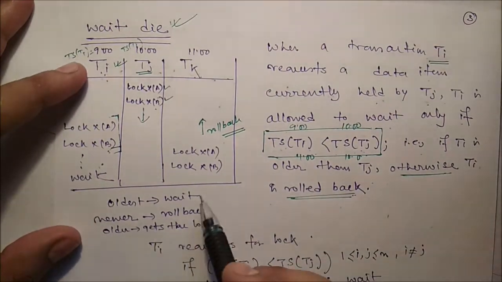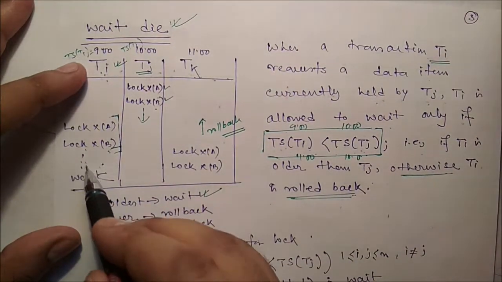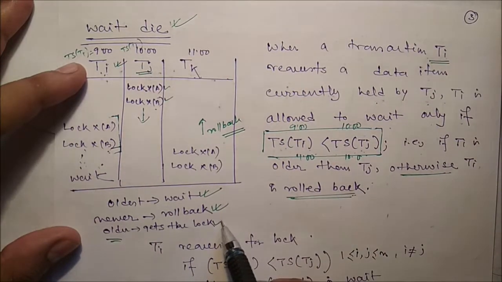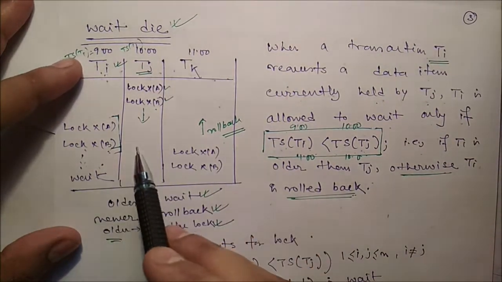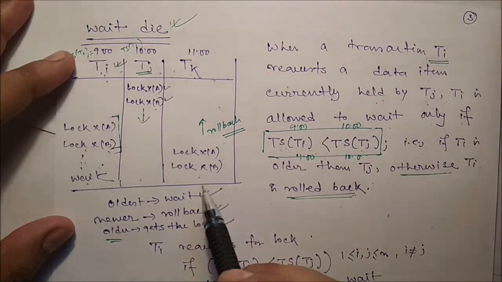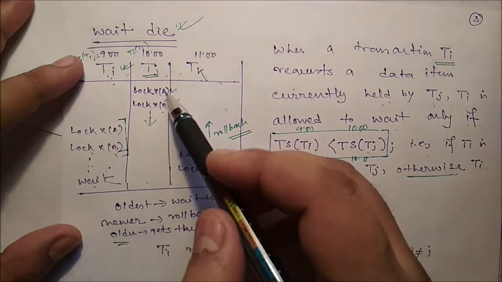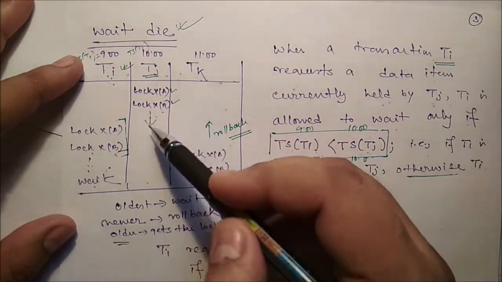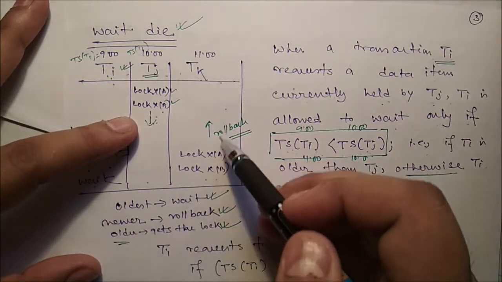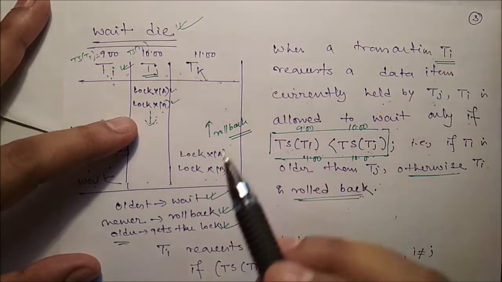So that means the older waits, and the newer must roll back. Among oldest, older, and newest, currently the older one is holding the data. In that case, the oldest must wait for the older, and the newest must roll back its transaction.